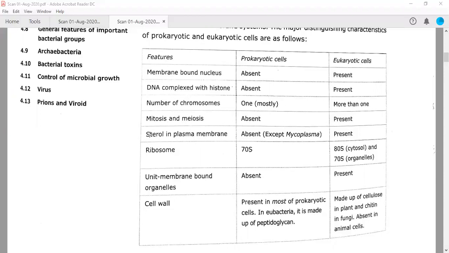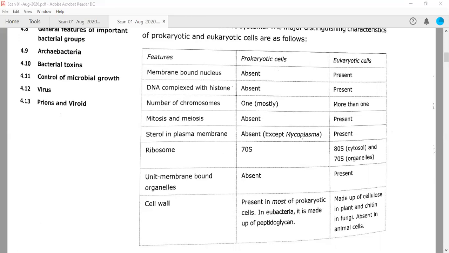Sterols in the plasma membrane are present in eukaryotic cells, but they are absent from the prokaryotes, except there are some exceptions, and we are not generally talking in terms of exceptions, we are talking in a general way. So generally they are absent from the prokaryotic cells except in mycoplasma.